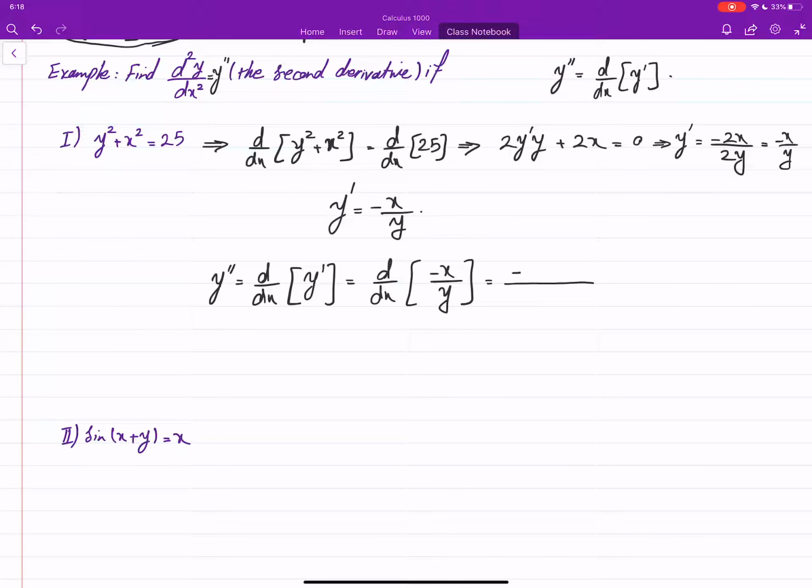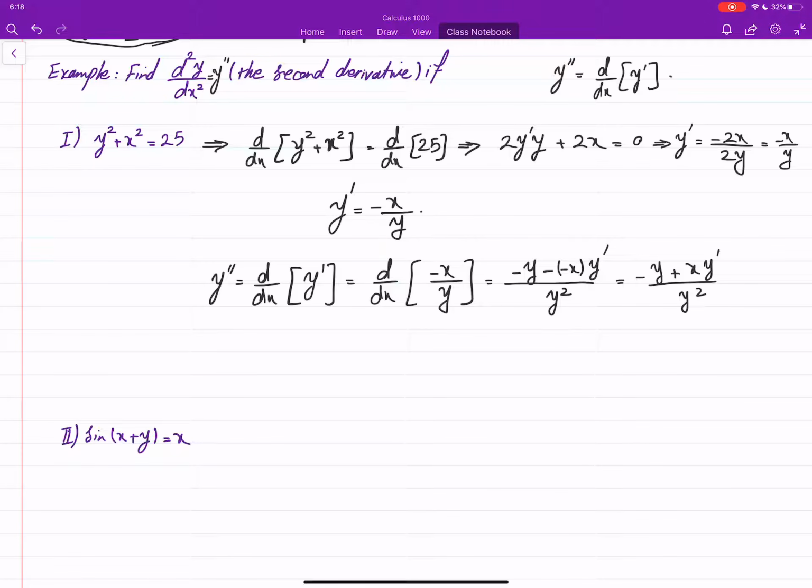A minus derivative of numerator is negative 1 times y, which is negative y, minus negative x times derivative of the denominator, over denominator squared. This is minus y plus x y prime over y squared.